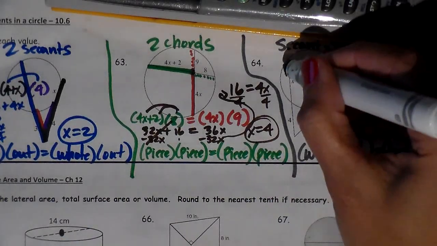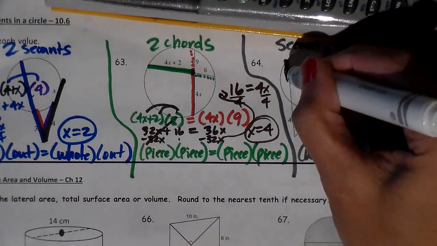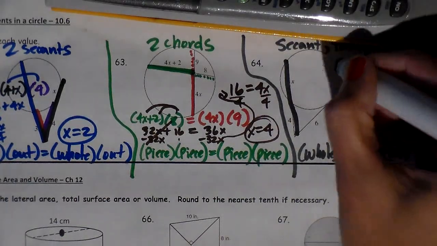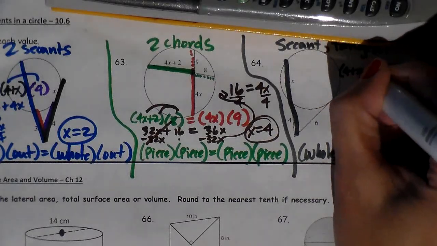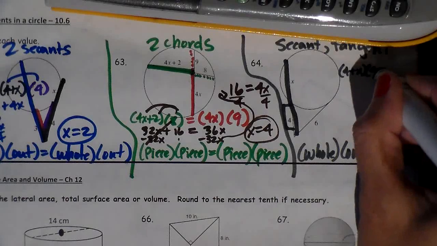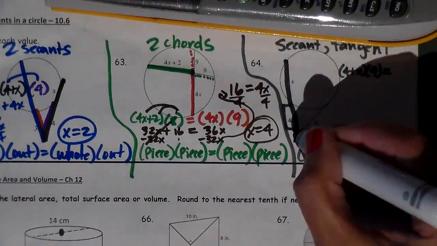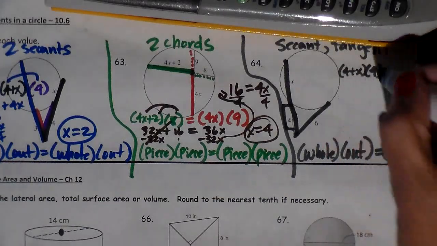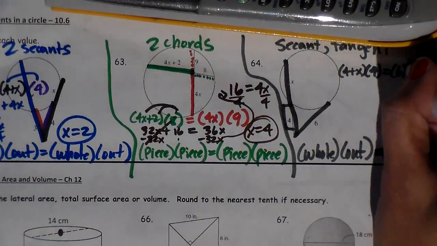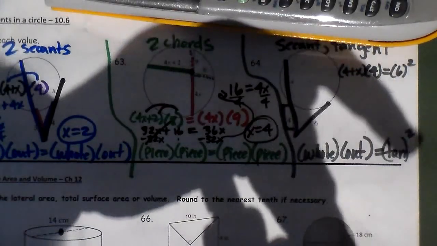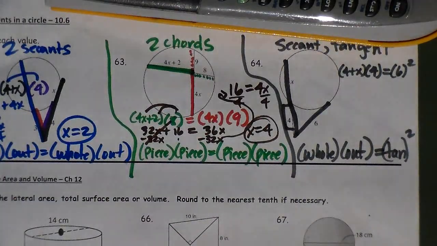So let's multiply this. What's the whole secant? 4 plus x, right? And what's just the outside part of that secant? 4. What's the tangent? 6. And remember, it's 6 and 6, so it's 6 squared.